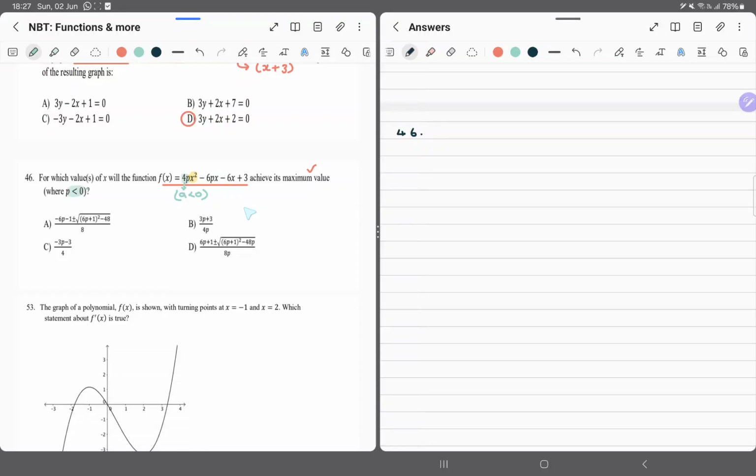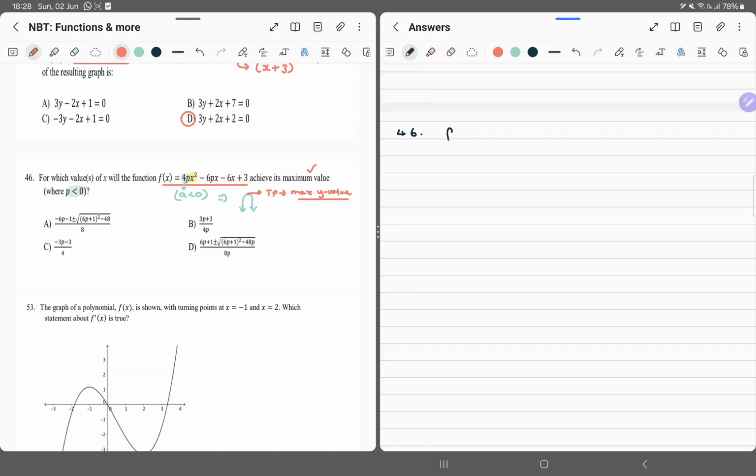And when that is the case, we know that the parabola is concave down. Now, when our parabola is concave down, the turning point will carry the maximum y value. Okay, that's why we say maximum. So this is a question about the turning point.